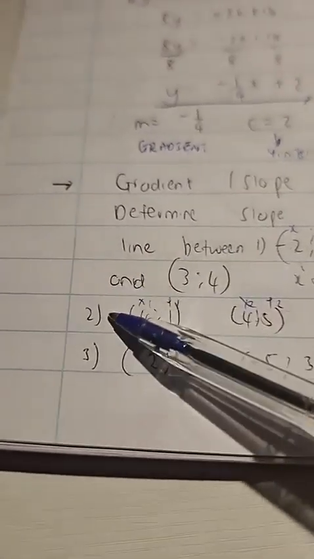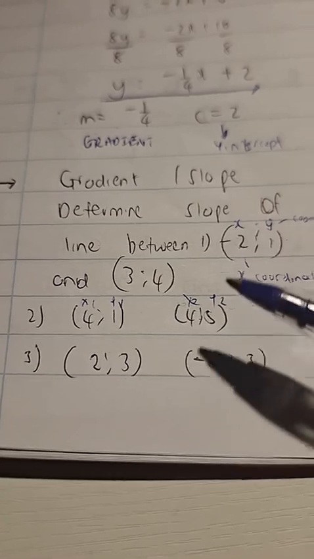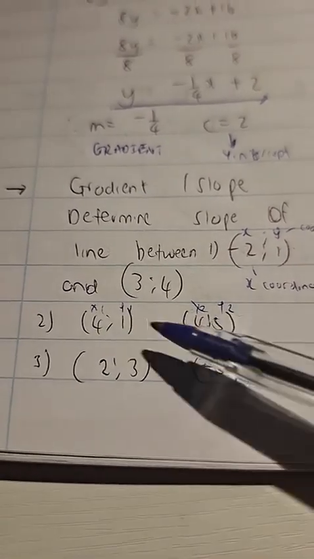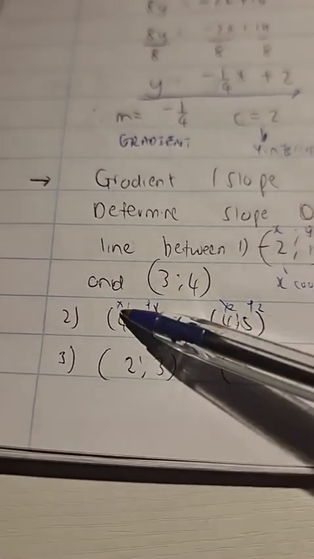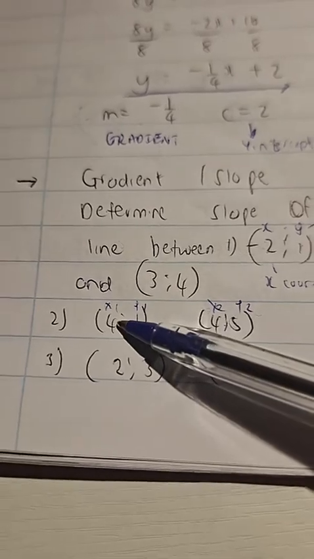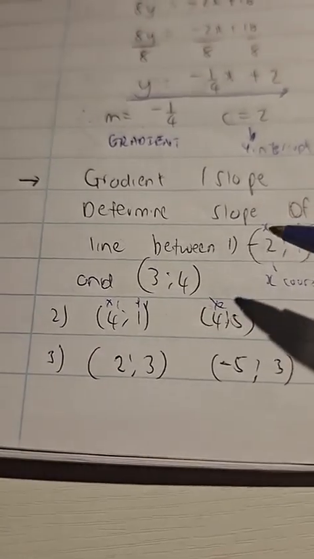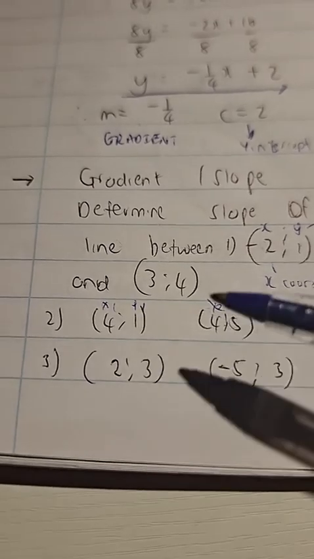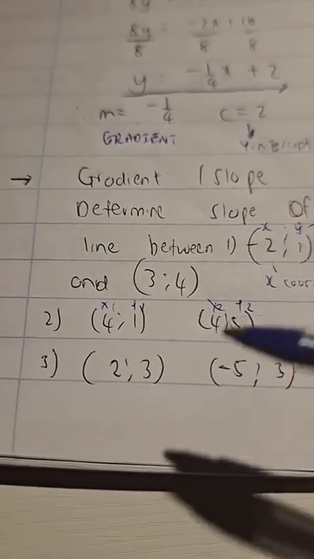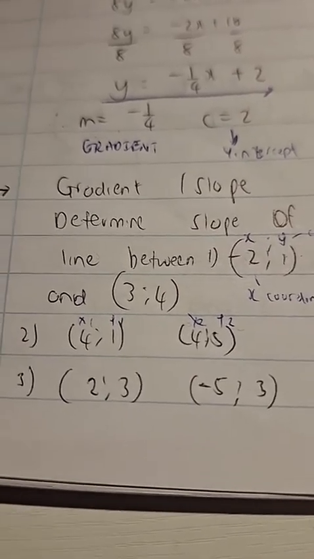From this question, it should give you a conclusion that whenever you are calculating the gradient of 2 points and you find that the x values are exactly the same, then you are always going to experience a situation where the gradient is undefined, and that's very important for you to note.